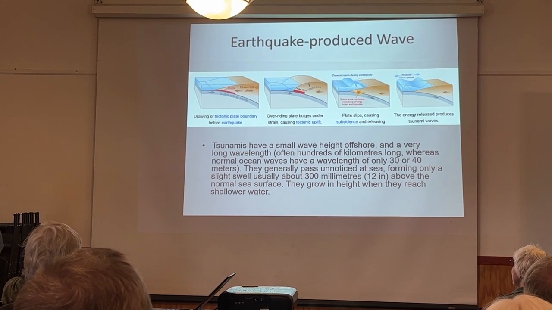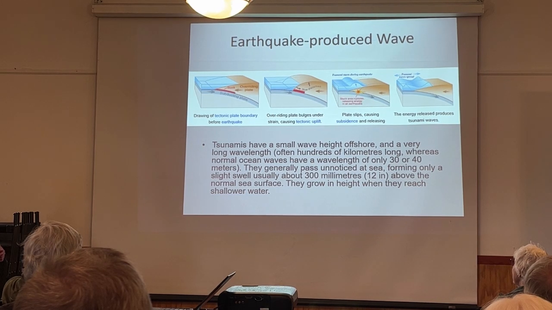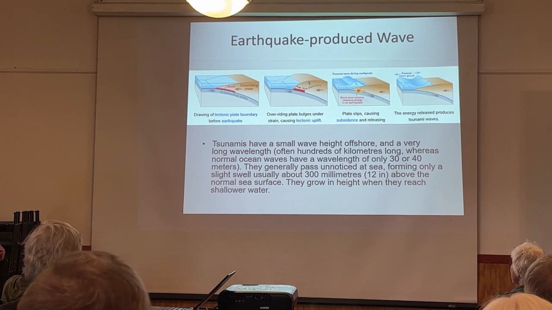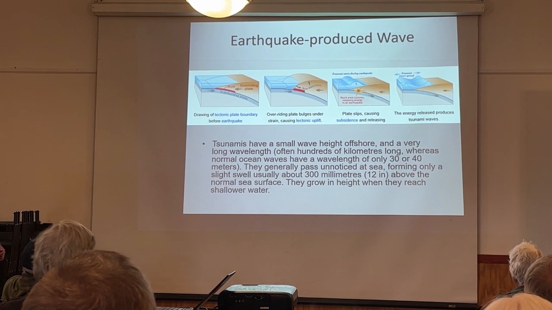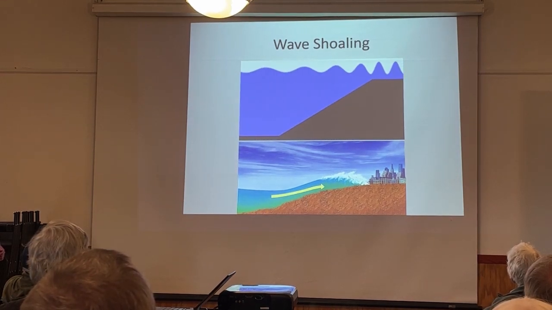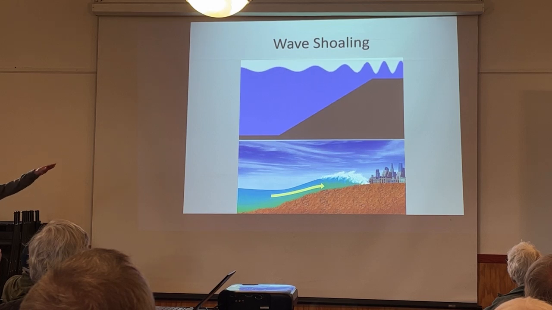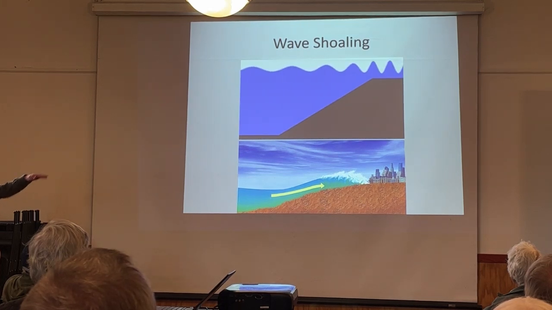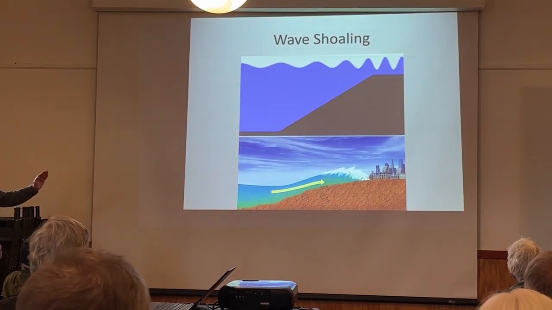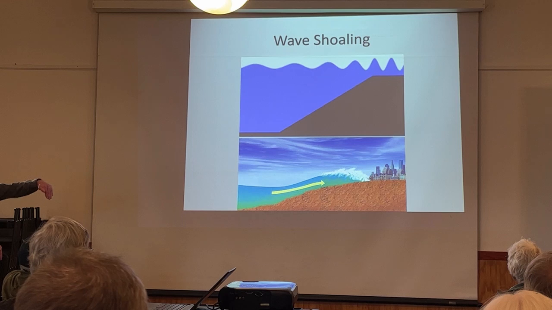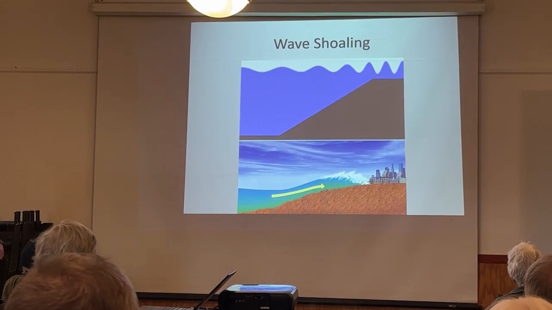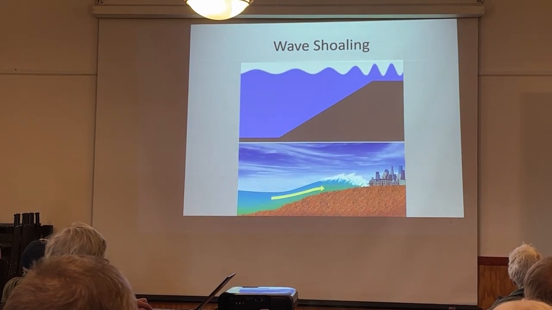But they happen fairly frequently. The big one down in the South Pacific was interesting. There's a graphic that works. The shore shallows abruptly often, and the peaks become much higher. Then they come up onto land and crest, and it's just a huge wave that can do a lot of damage.